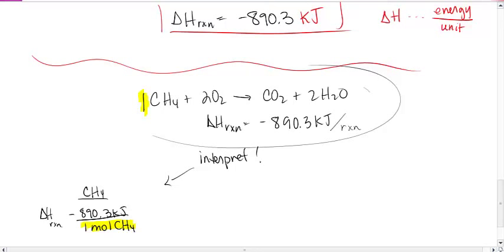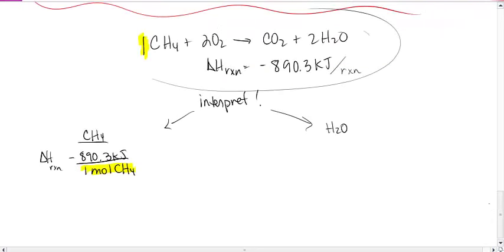If I wanted it interpreted for the water, maybe I said, how much energy is required if it produces 10 grams of water? Then it's negative 890.3 kilojoules per 2 moles of water. Why 2? Because in the balanced equation, I have 2 moles of water.